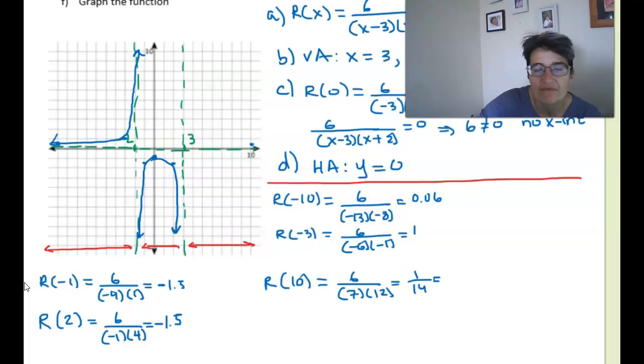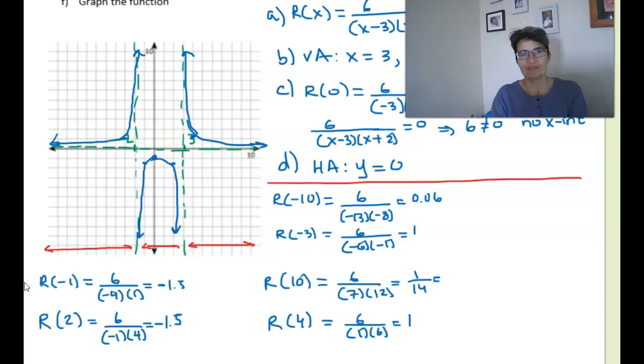It's about here. And then if I go 4 to get close to the vertical asymptote, 6 over 1 over 6, this gives me 1. Alright, so I can see that this part of the function is above the x-axis and it curves like that. Okay, so this is our final graph.